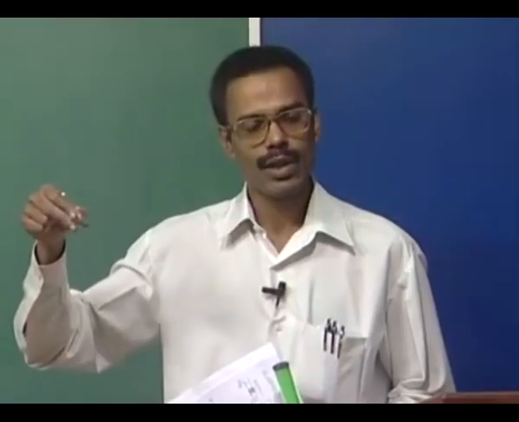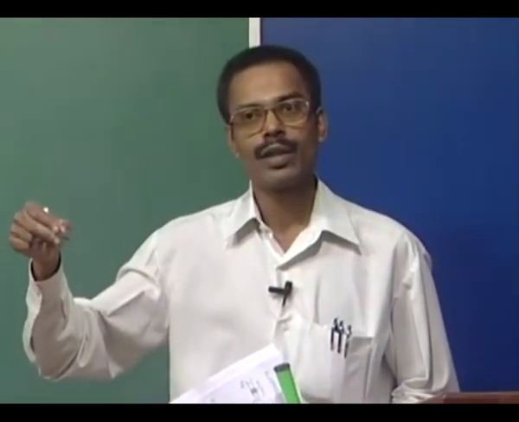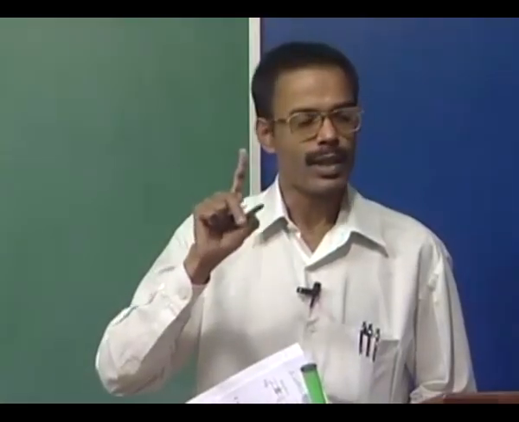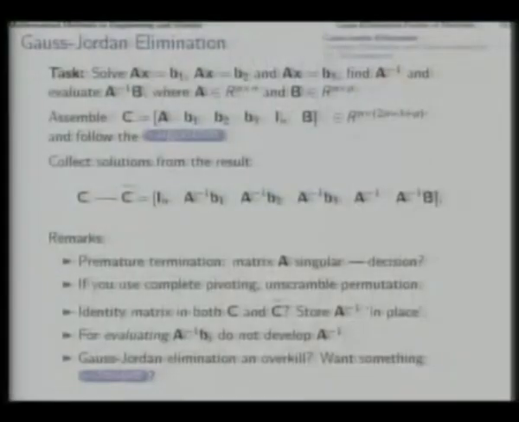Why should you spend so much computational effort to just solve one system for a single b? Therefore, for solving for a single b, you should not develop the complete inverse.